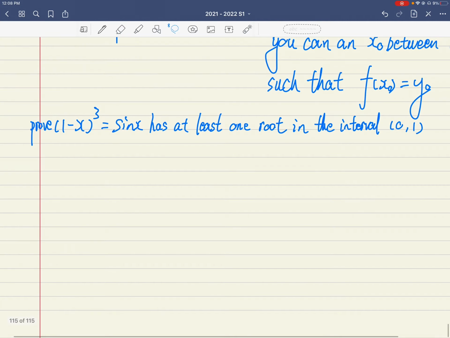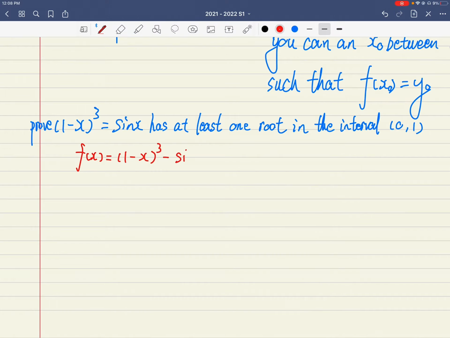First, let's create a function: the left-hand side minus the right-hand side. Because the interval we are talking about is from 0 to 1, the first thing is that this function is continuous on the interval 0 to 1.